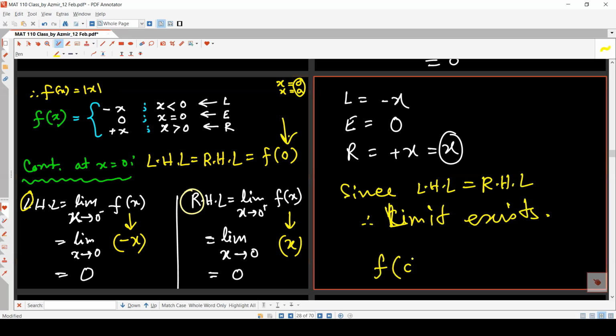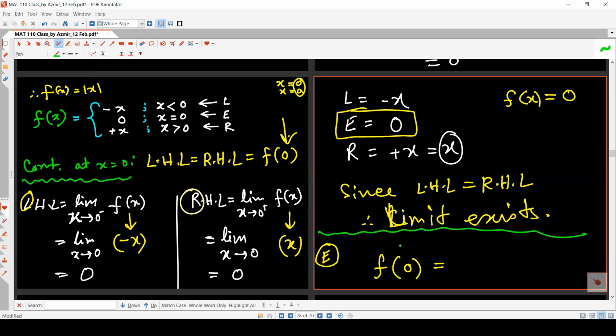Now we have to check the last condition. What is f of 0? So f of 0 will come from E part. Here is our E part. That means here f of x will be 0. So for E part, f of x is 0. Now we have to find what is f of 0.